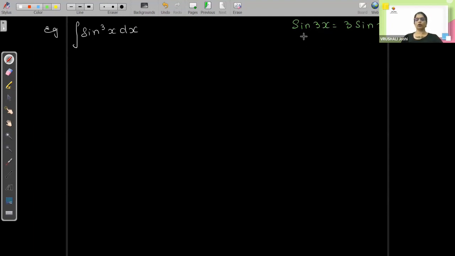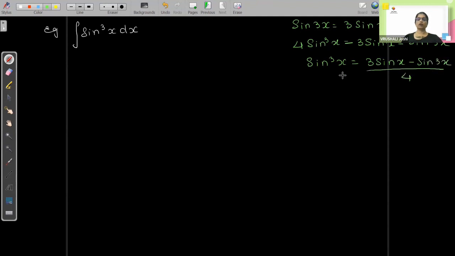I'll bring this 4 here with exchange of places. So 4 sine cube x is equal to 3 sine x minus sine 3x. Perfect. Now this 4 will come down. So we have sine cube x is equal to 3 sine x minus sine 3x by 4. Now we have the value.